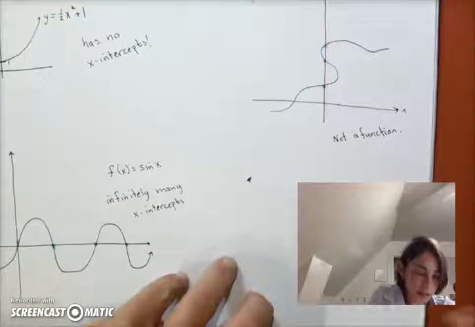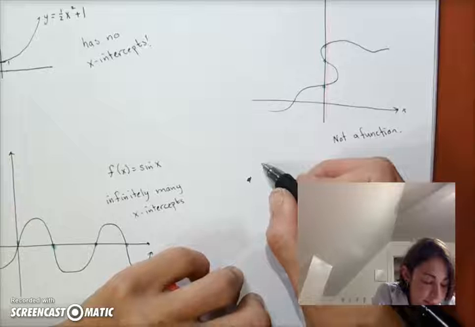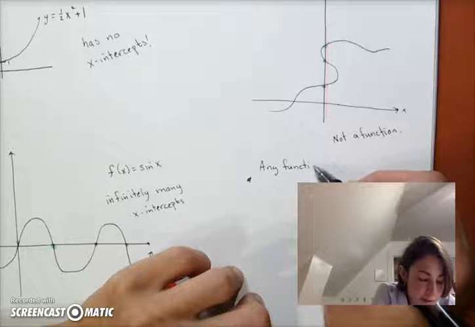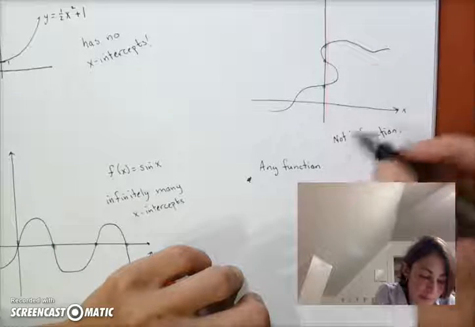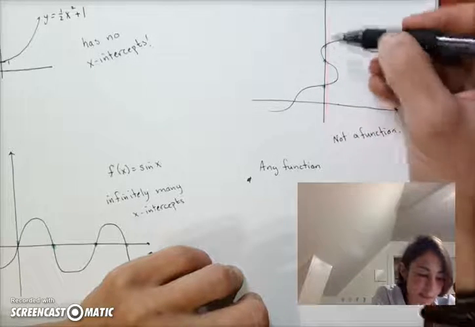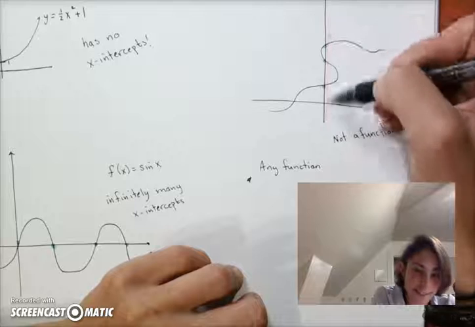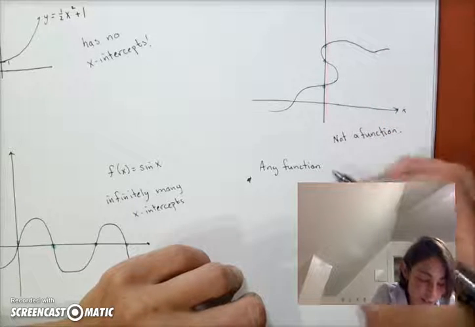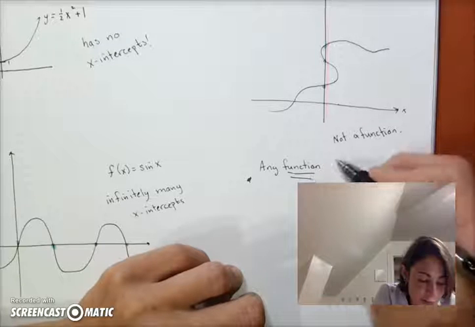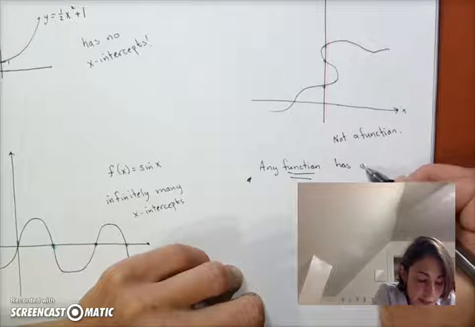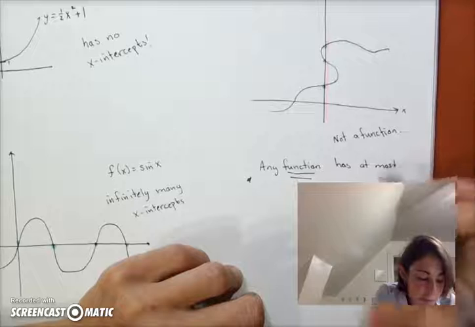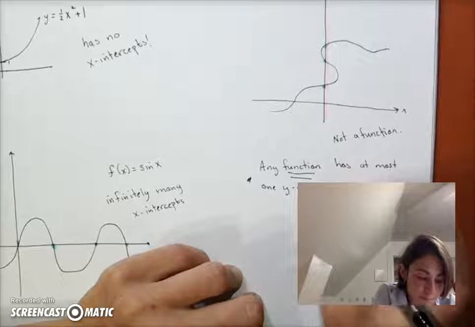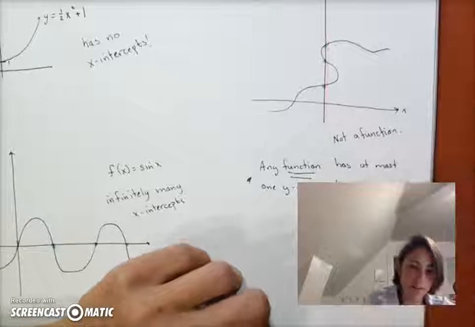And so in general, it's true that any function can have at most 1 y-intercept. Otherwise, you'd be crossing the y-axis more than once. The y-axis itself would give you the vertical line that shows that it's not a function. So any function has at most 1 y-intercept. And that's just sort of a neat fact.